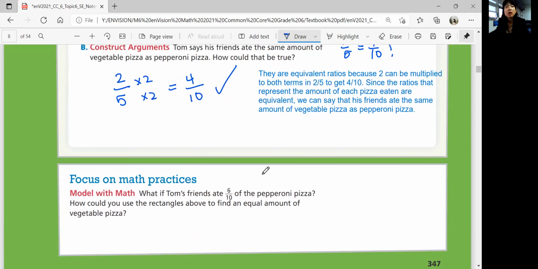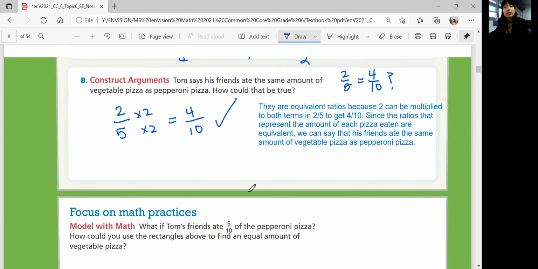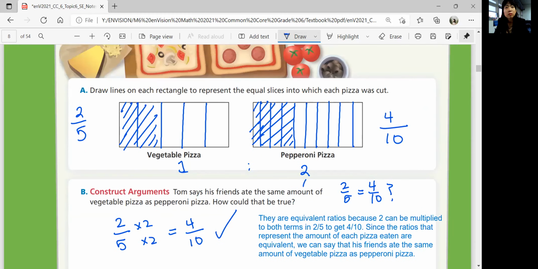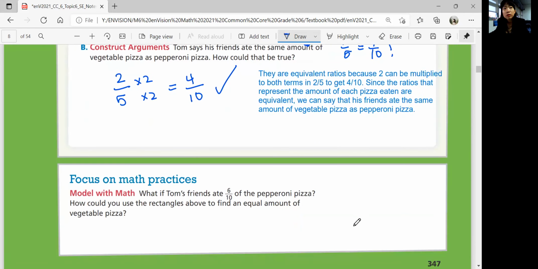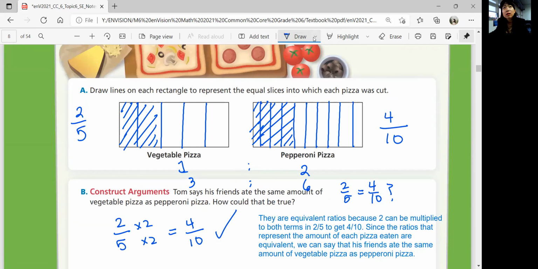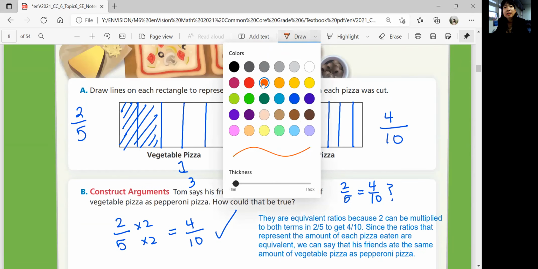So if they ate 6 pepperoni slices, how many slices do you have to eat for veggie? You divide 6 by 2 and you get 3 slices. So how could you use the rectangles? You can shade another 2 slices.